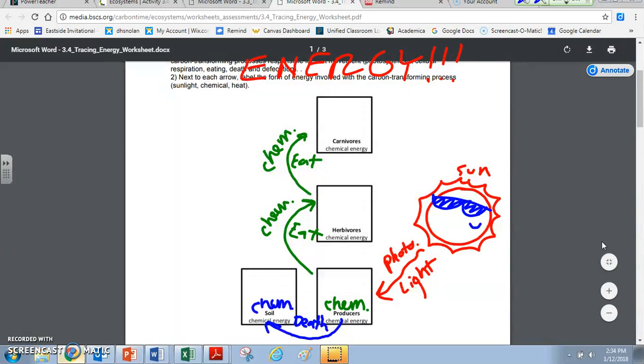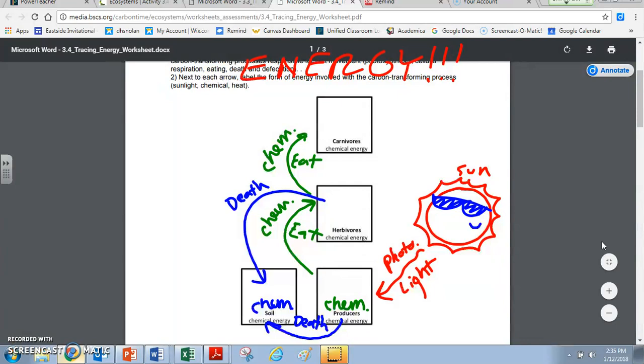And those decomposers can now eat that plant matter, so that food energy now shows up in the decomposers. But plants are not the only organisms that can die and be decomposed. Herbivores can do that too. So this is going to get a little bit crowded, but herbivores can also die. So you have death, and that chemical energy goes into the decomposers when those bunnies die.